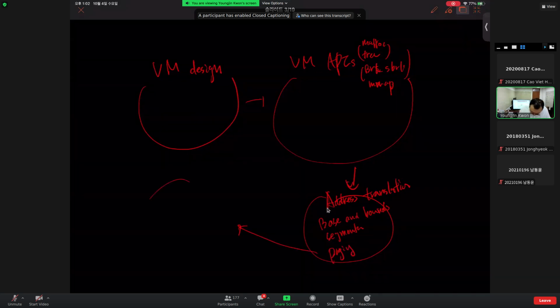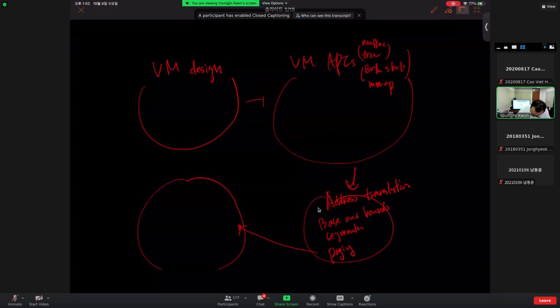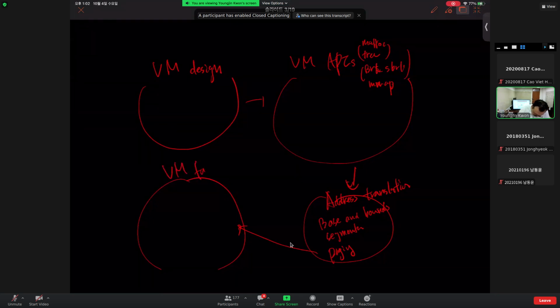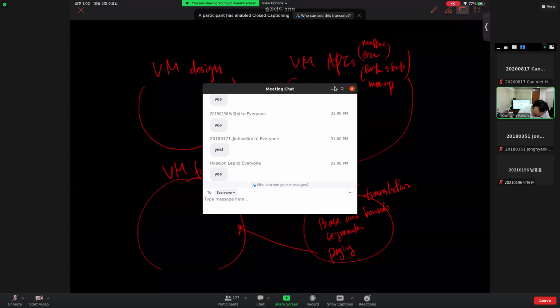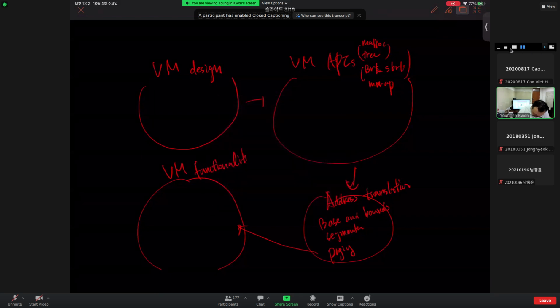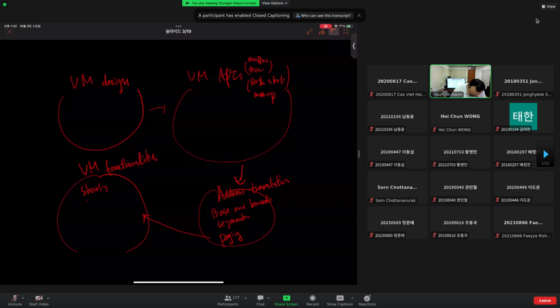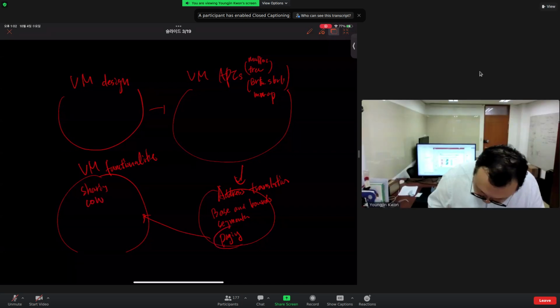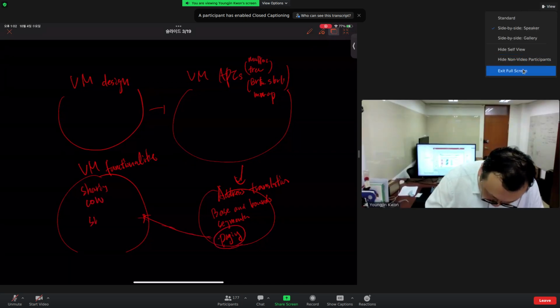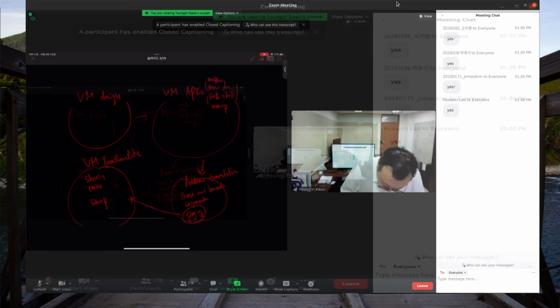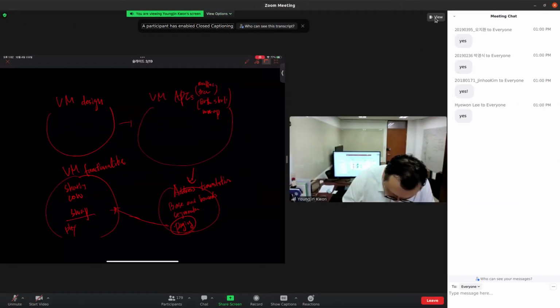Then we started learning some useful features using paging. We learned VM functionalities such as sharing, copy on write using paging, and swapping. The swapping is how to manage the physical memory.